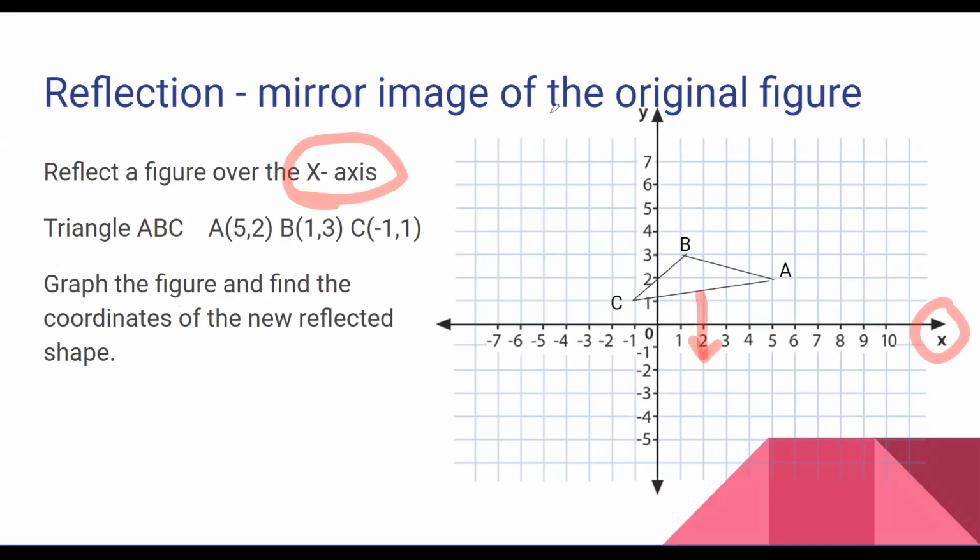My shape is going to go down and over the x-axis. I'm not translating it, I'm literally just flipping the shape over. I'm not going to draw it exactly, but if I have a triangle that looks, let me draw that a little bit better.